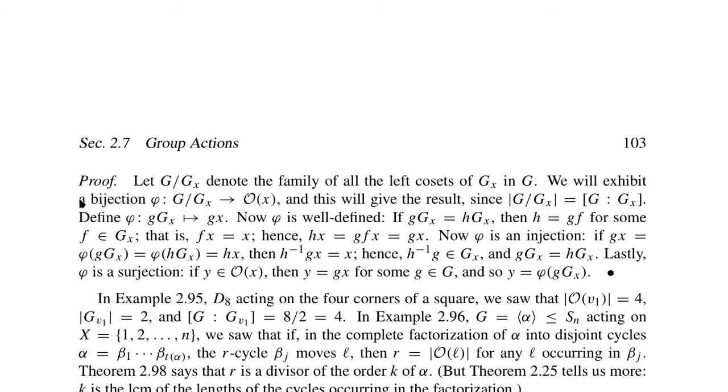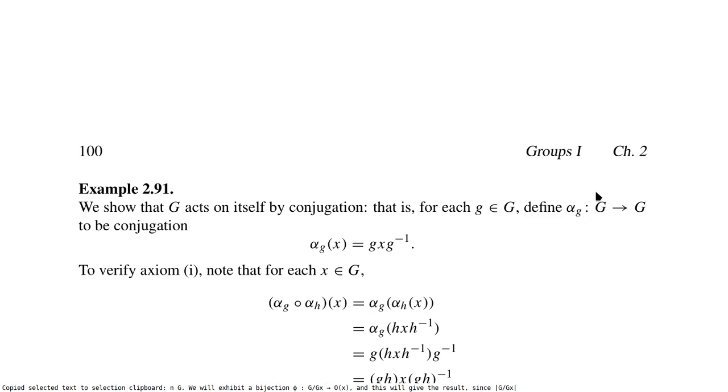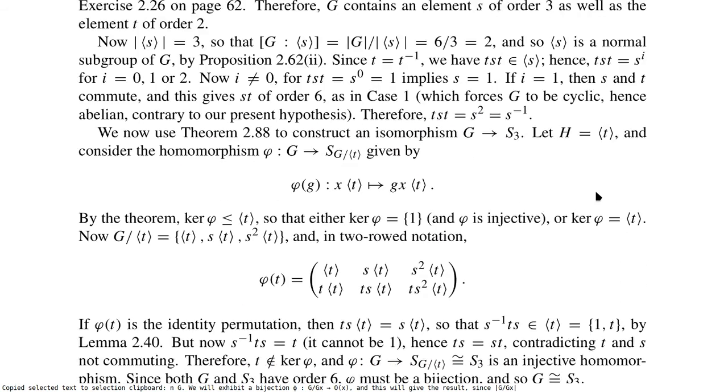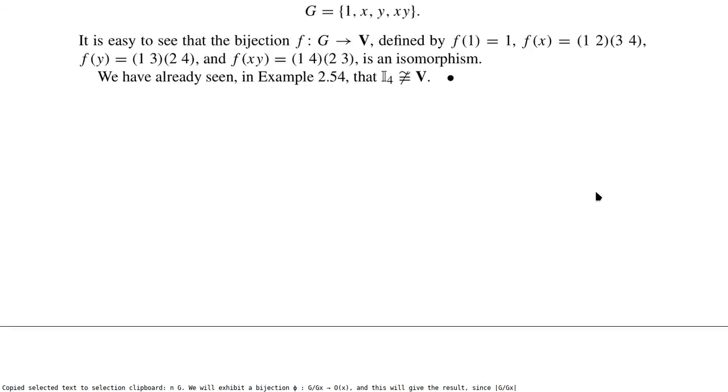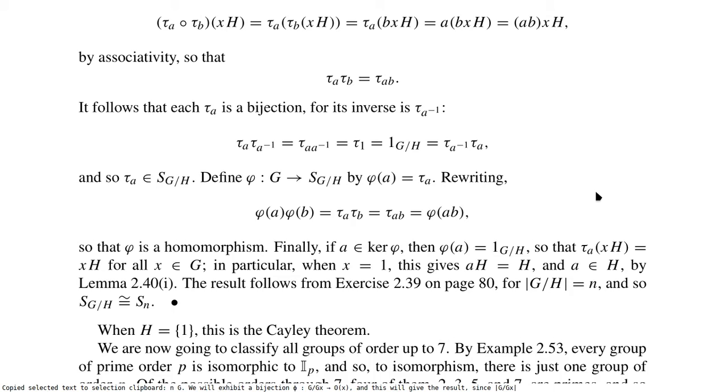This is a claim: if you're able to prove that this is a well-defined bijection, then it is trivial to say that the order of this domain, G mod the stabilizer, is going to be equal to the order of the orbit, because if you apply the counting formula, you're going to get something like this.